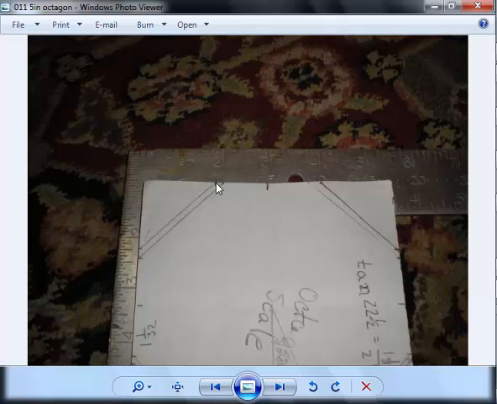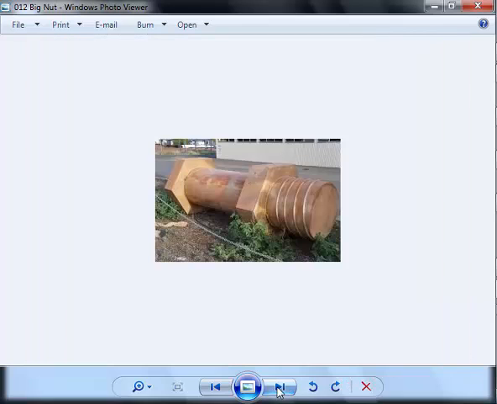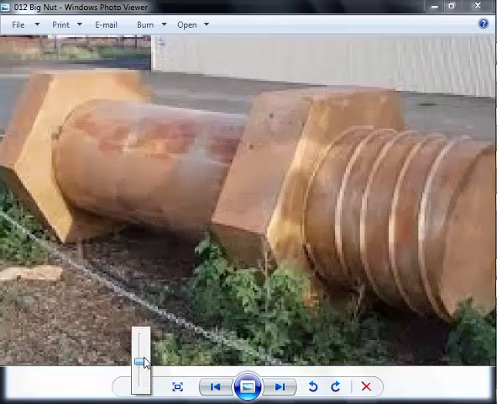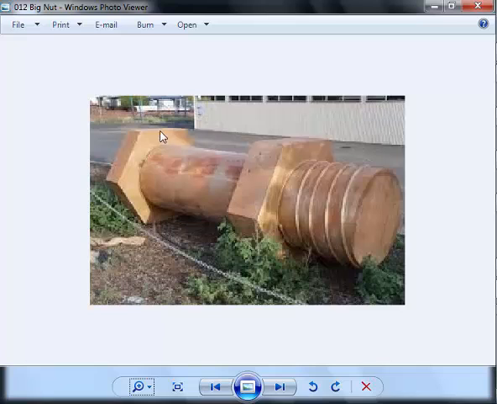So this distance from the 0 to the 10 would be the same all the way around. This would be that same 10, this would be that same 10, and so on, all the way around the octagon.